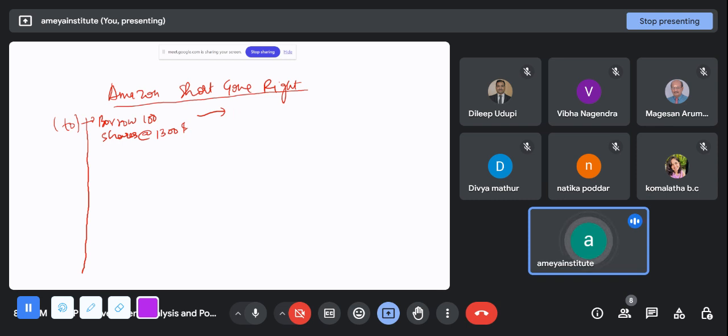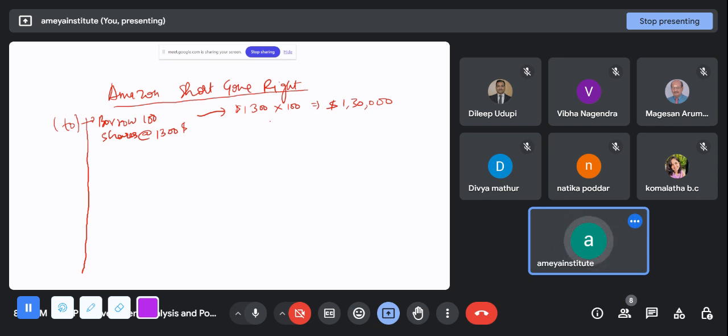Each share is $1,300, and I borrowed 100 shares, so 1,300 into 100 is 1,30,000, right? My total investment is 1,30,000.